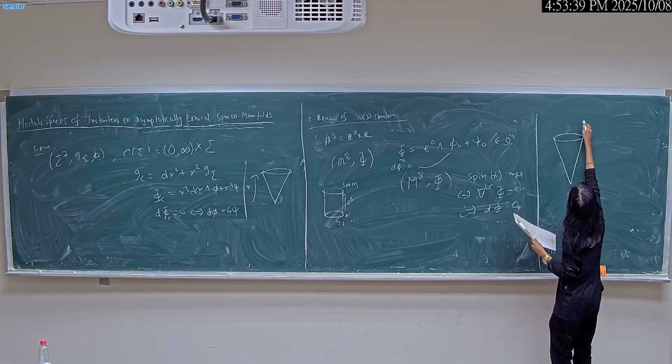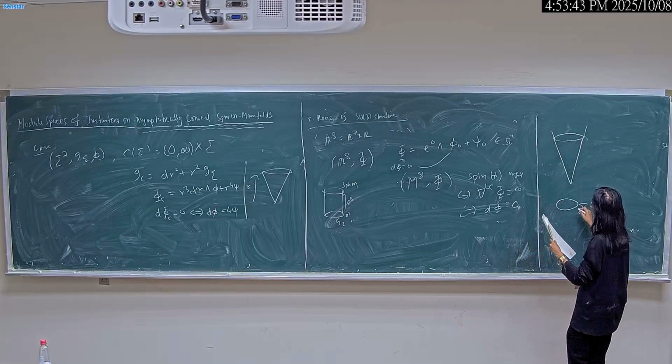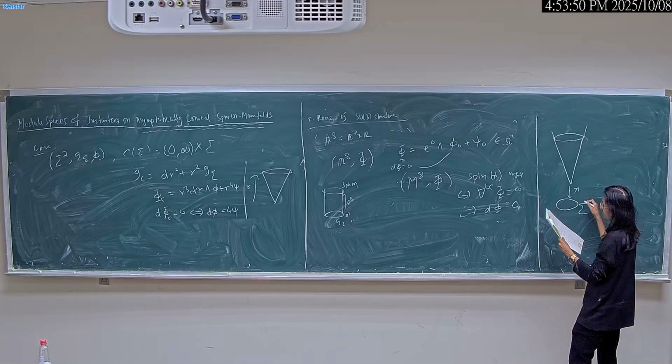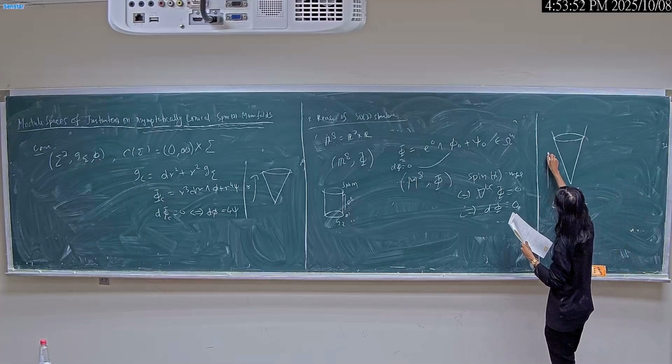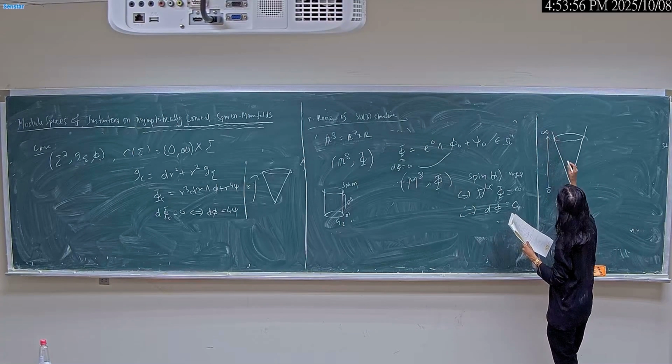So I have the cone, this goes on forever. I have the G2 manifold, I have the projection pi. Now what I do, this is my radial direction, 0 to infinity.